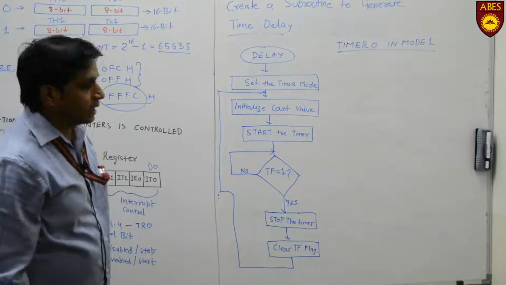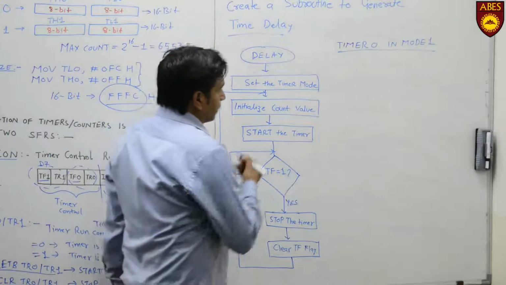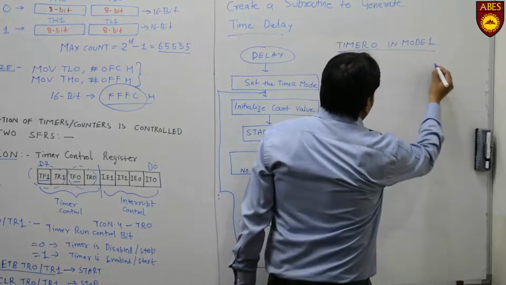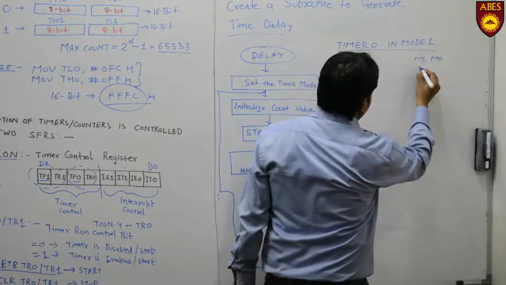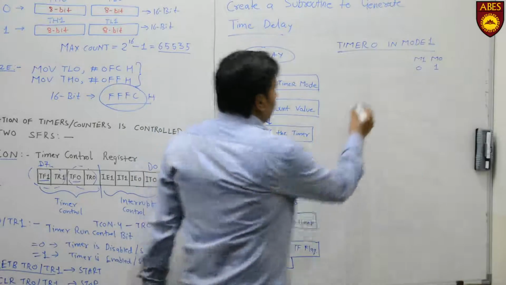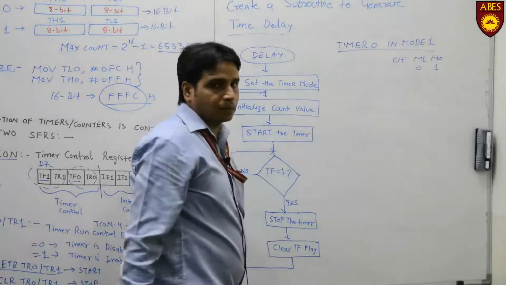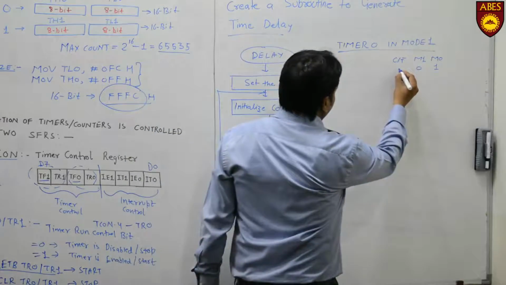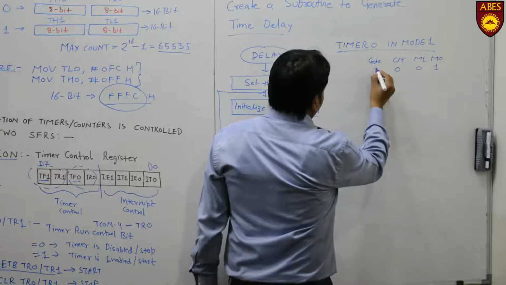According to this, we will decide the value of the TMOD register. As we have seen the different bits of the TMOD register, for mode 1, the values of the M1 and M0 bits will be 0, 1. This will select mode 1, and we want to use this timer in timing mode. So the value of the C/T bit will be 0, and we want to control the operation with the help of software.